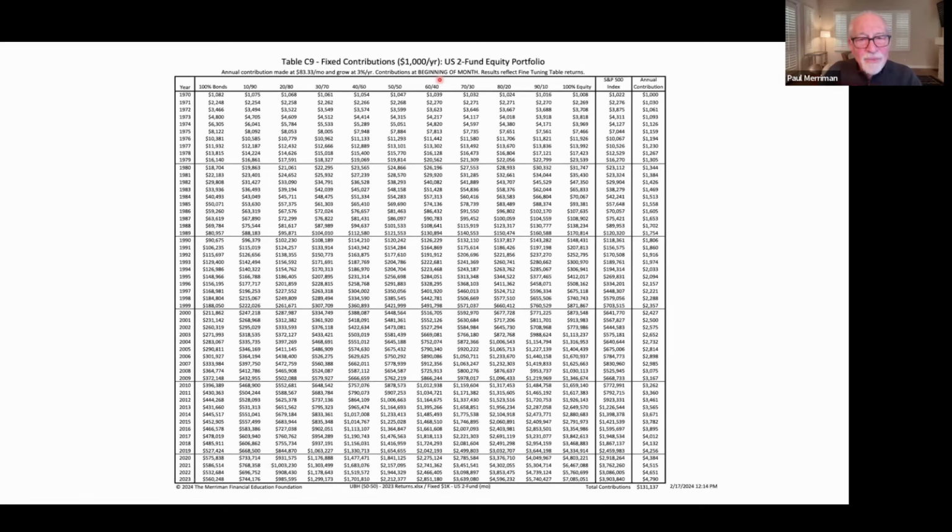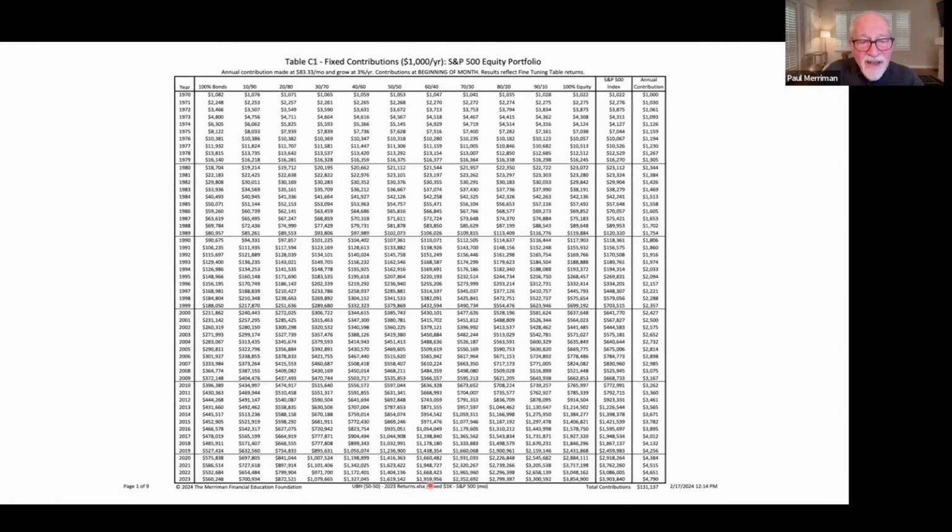And while we're on this page, let's see what the bottom line was there. Well, the bottom line was about 2.85 million versus over 7 million. If we go back to the S&P 500, it is almost 2 million versus the 3.8 million.